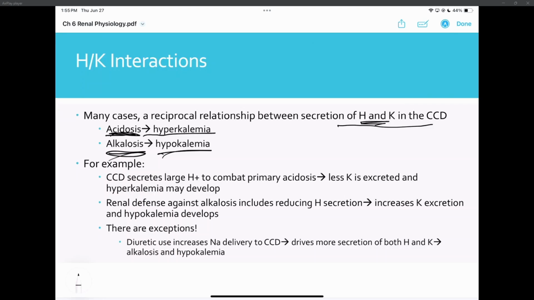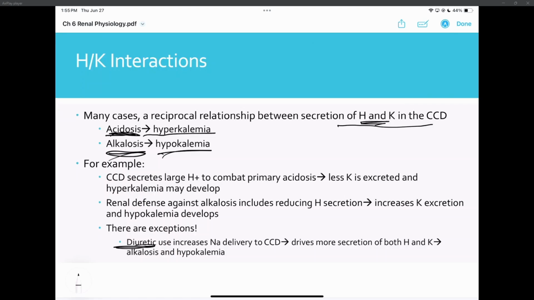The only time this doesn't happen is diuretic use. Okay? When we have diuretic use, we have an increased load of sodium staying in the urine, going to stay through the whole tubule, and it goes to the common collecting duct, which we learned before.